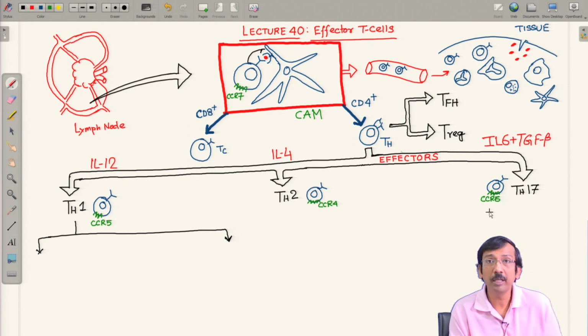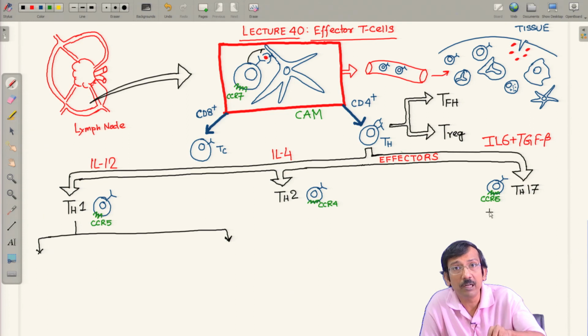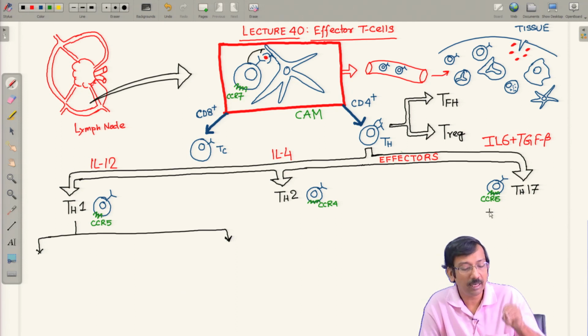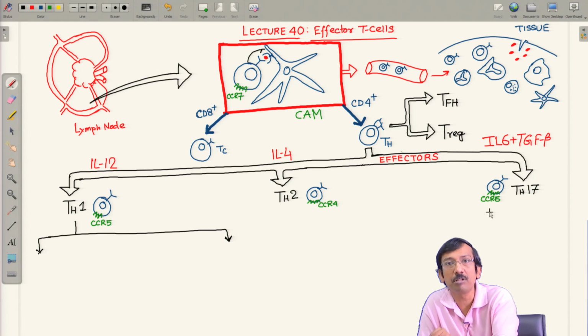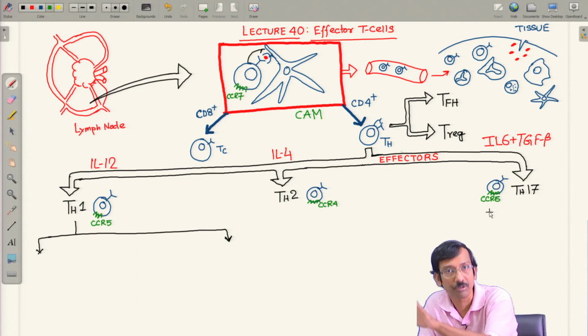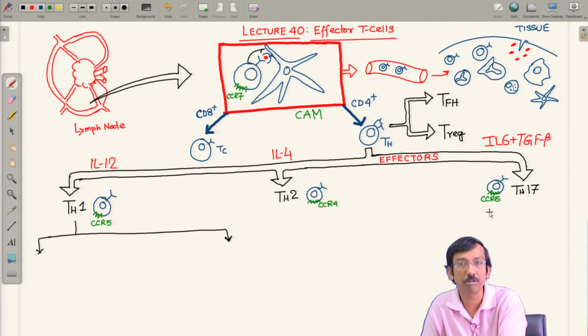Like the naive T cells were expressing CCR7, once they differentiate into the different T helper effector cell types, they start to express different chemokine receptors like CCR5, CCR4, CCR6 on their surface, and because of that, they now start to move to different locations and show different immunological responses.